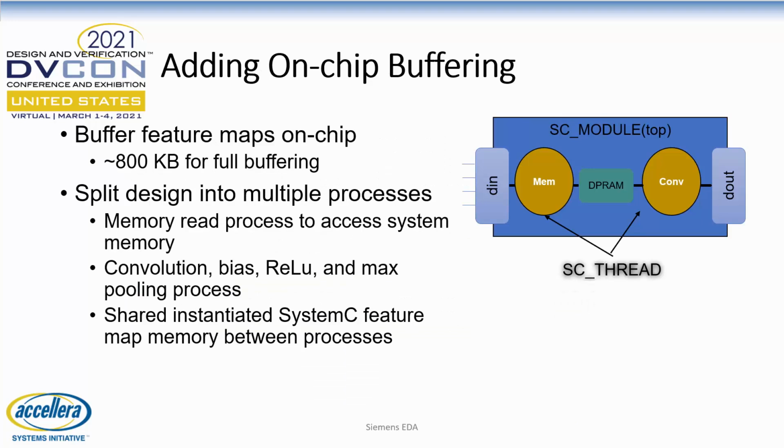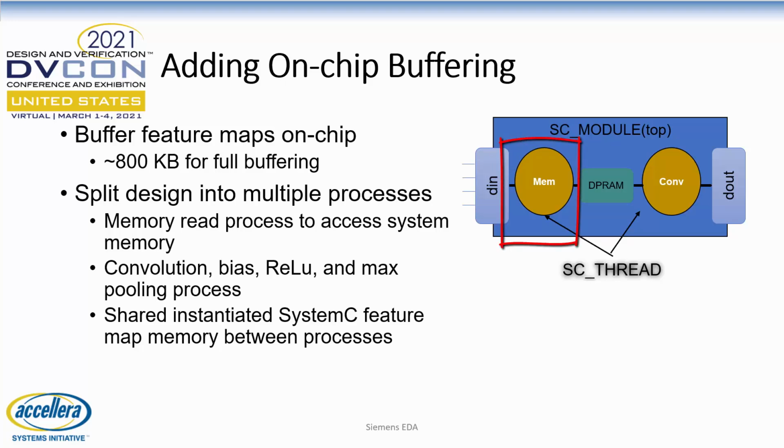In order to reduce memory traffic and power consumption, we need to add on-chip buffering into our design architecture. Buffering the feature maps on chip for this particular example will require approximately 800 kbytes for full buffering. The architecture is modified to split the design into two processes.